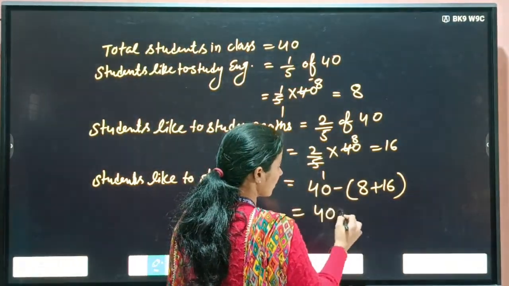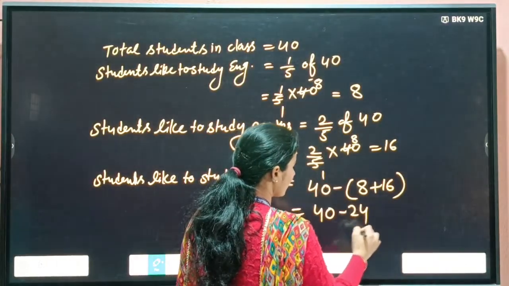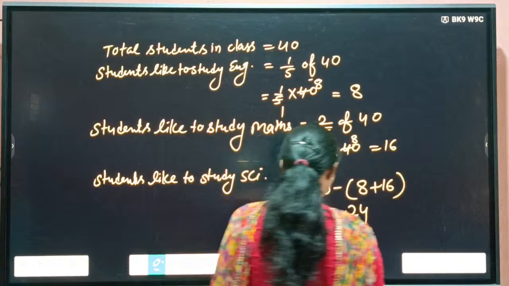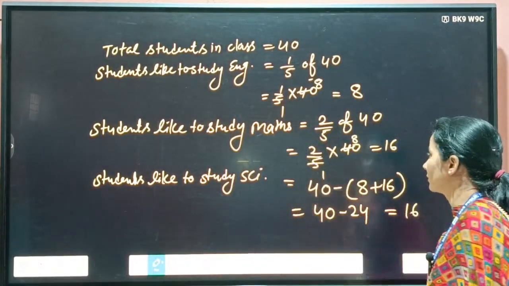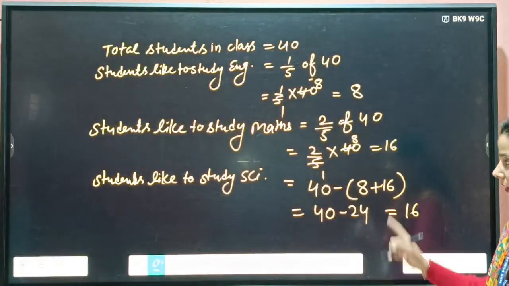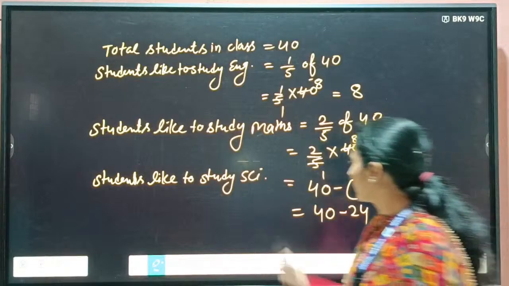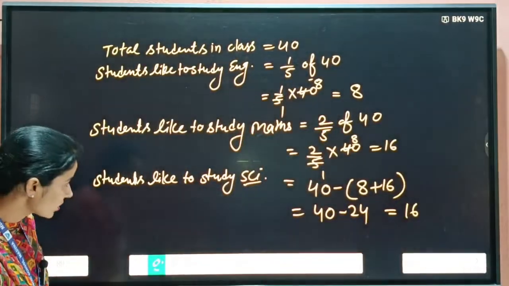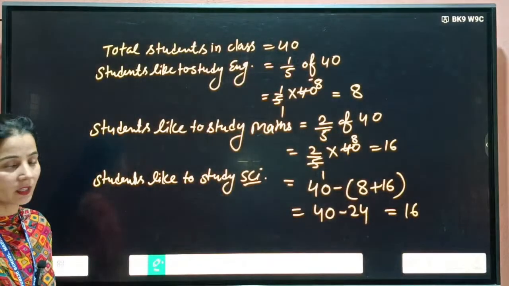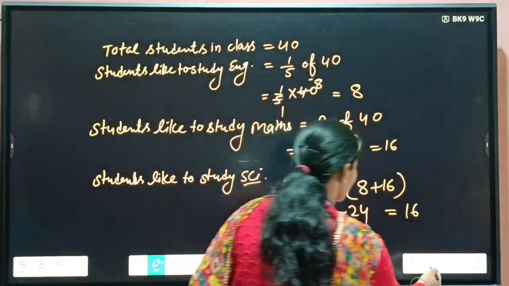It is 40 minus 8 plus 16, that is 24. So 40 minus 24 is 16 students. 16 students like to study science. How many are they? They are 16. Now, what is the next question?